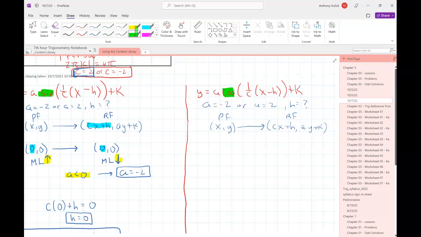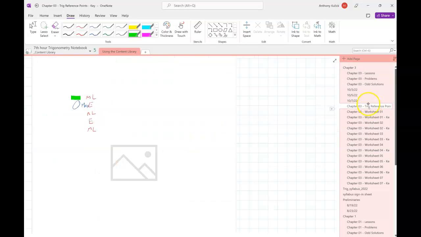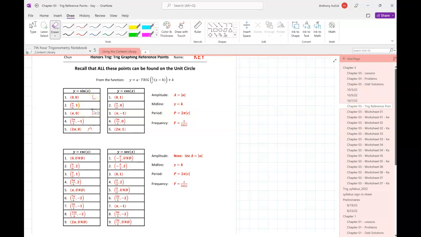This time, since we're using a cosine function, the point from the parent function we have to pick has to come from the cosine points. Which of those points looks like the one that Mr. Kulik would want to pick? Any of them are okay, but there's one that makes life easy. 0, 1.